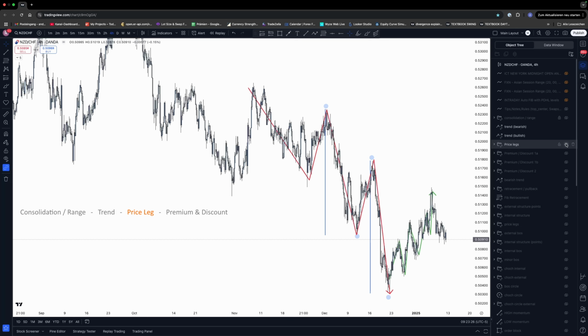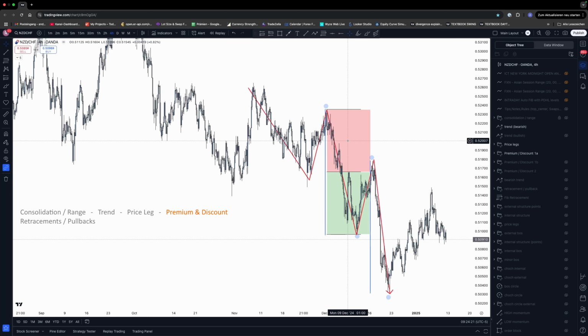And so simplified. Within these price legs, we are dissecting into 2 halves, and the upper half is premium and the lower half is called discount. So institutions, the guys that really move the market, because we retail traders, especially now with prop firms, everybody just doing demo stuff, we are not really influencing where the market goes.